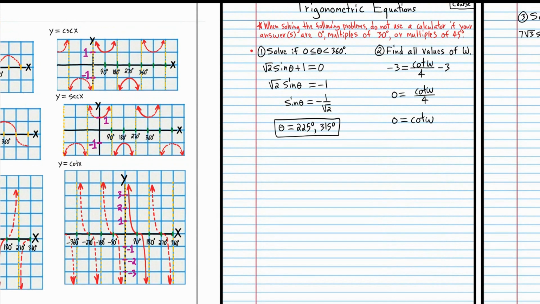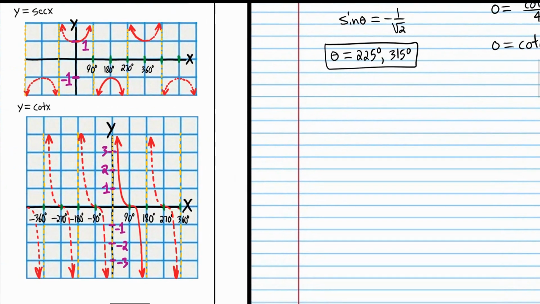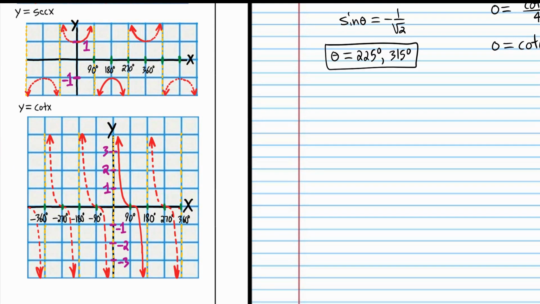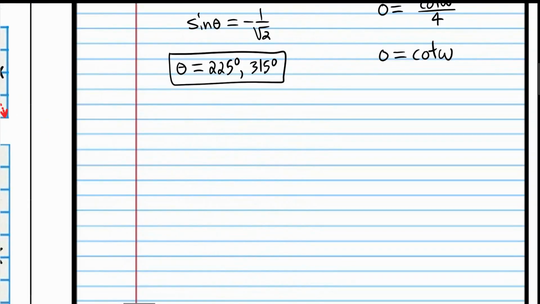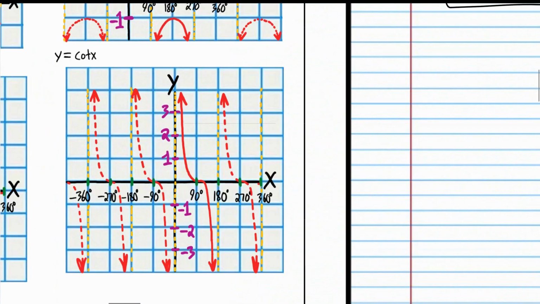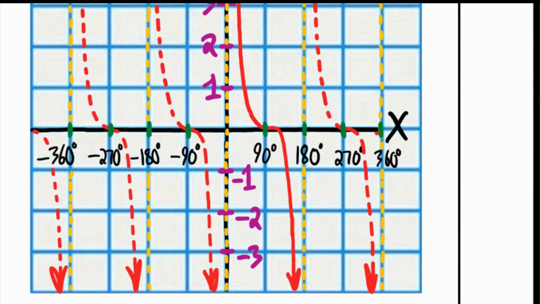Now notice it says find all values of omega. So let's write 90 and 270. Well, let's just look at the pattern. So from 90 to 270, the difference between them is 180 degrees, and the difference between these two is 180 degrees, and the difference between these two is 180 degrees.